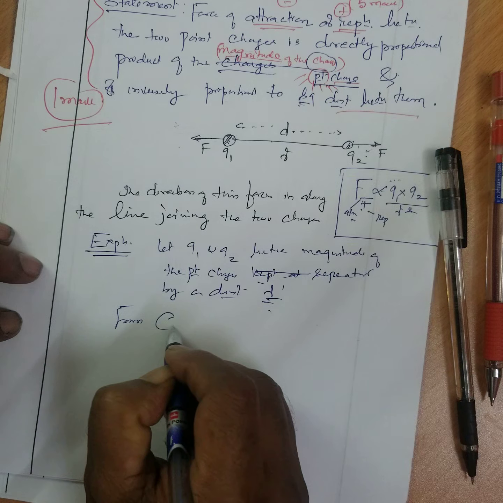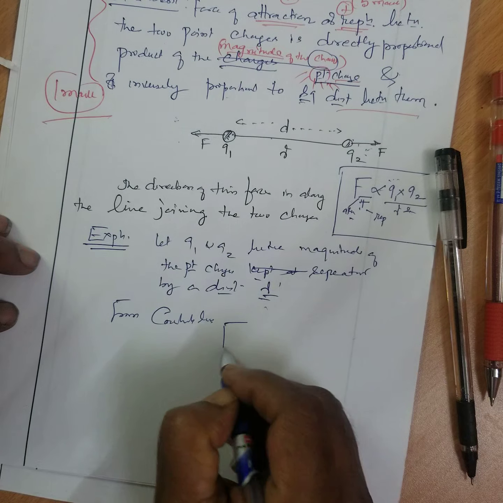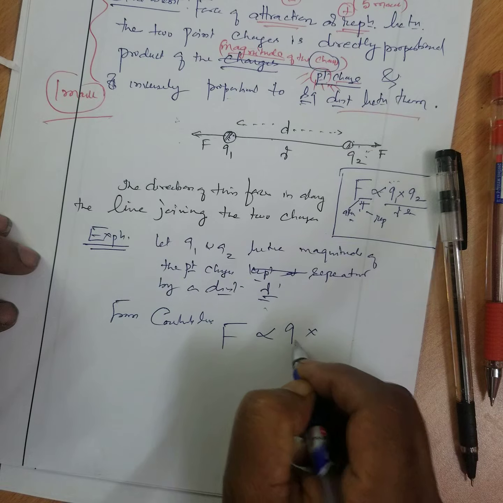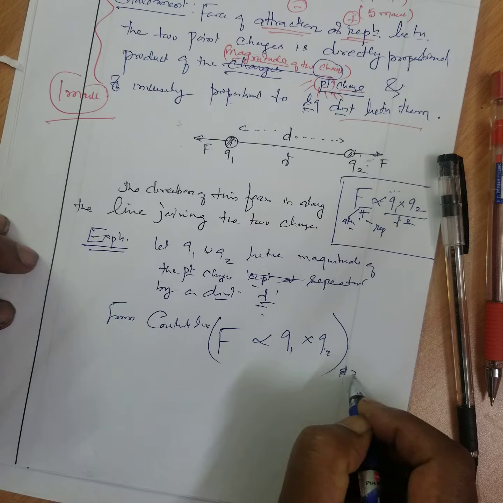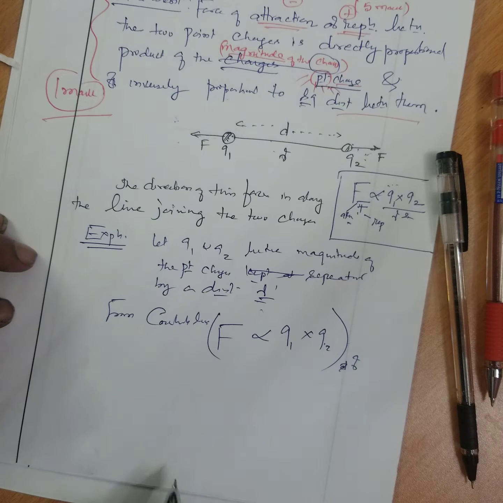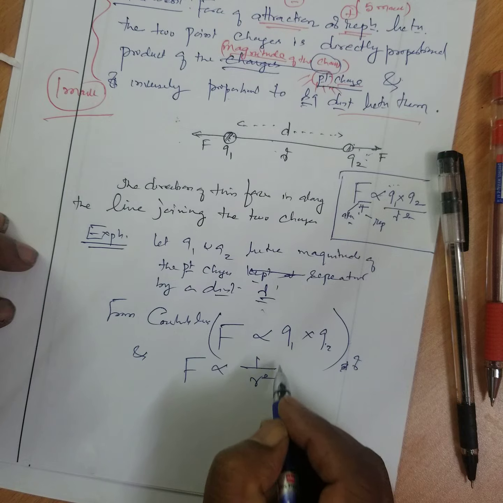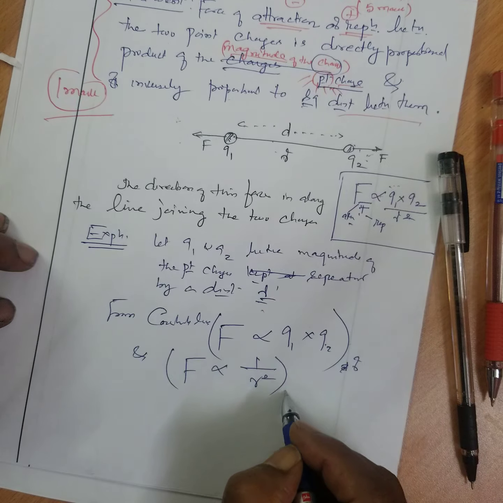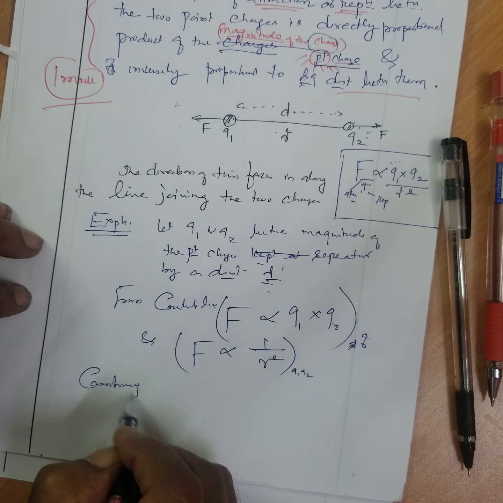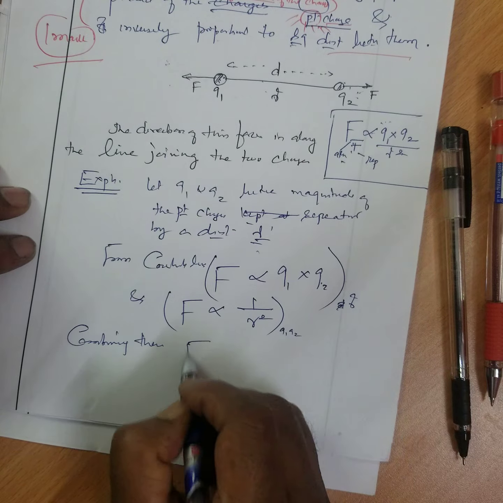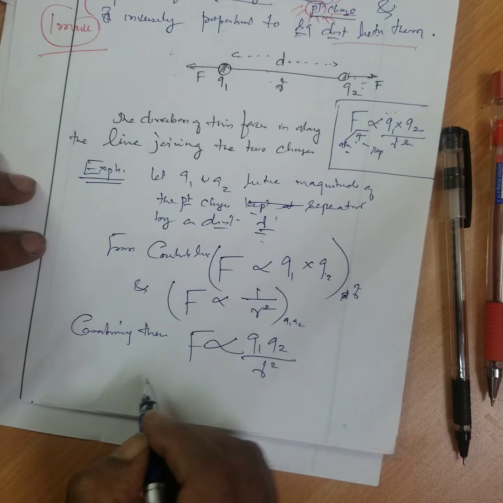From Coulomb's law, force is directly proportional to the product of charges, keeping distance constant, and force is inversely proportional to the square of the distance, keeping Q1 Q2 constant. Combining them, force is directly proportional to Q1 Q2 by r square.